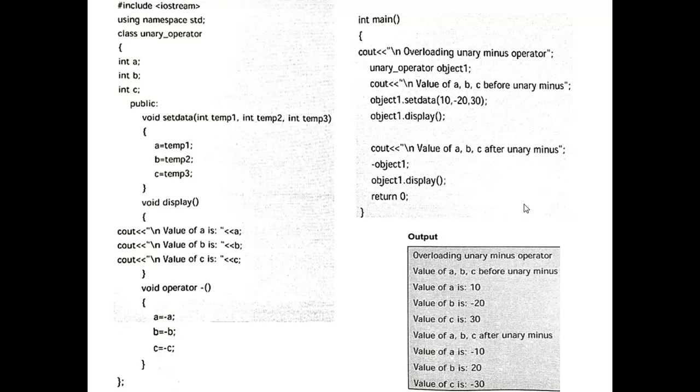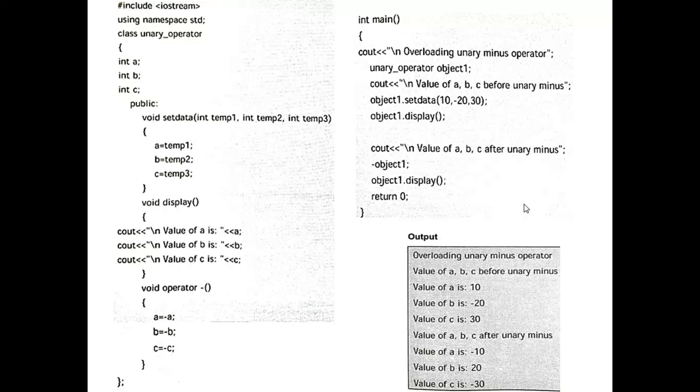The motive of this program is to convert a positive number into negative, and if the number entered by the user is negative, it will be converted into positive. The same way, negative a will be put into a, negative b into b, and negative c into the c variable. And here the class unary_operator is finished.